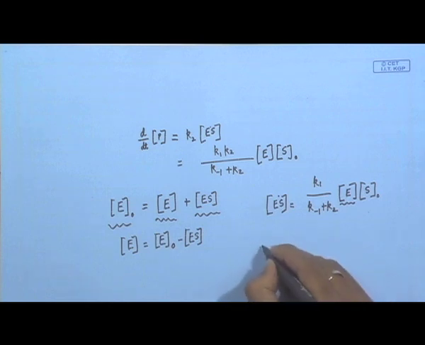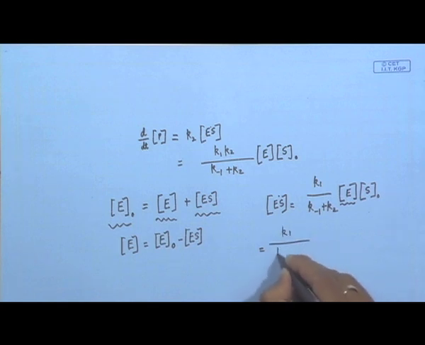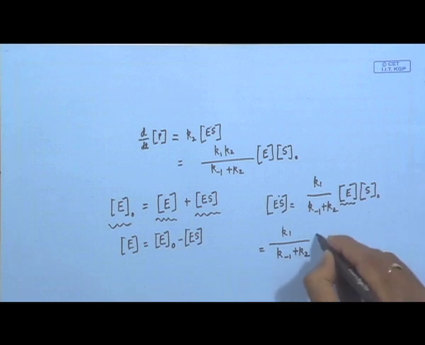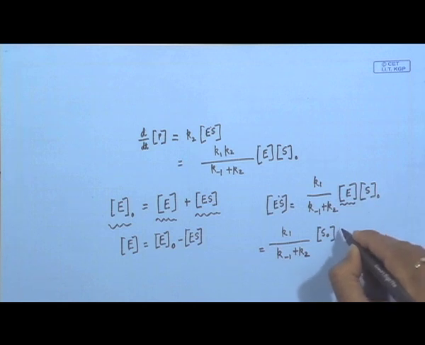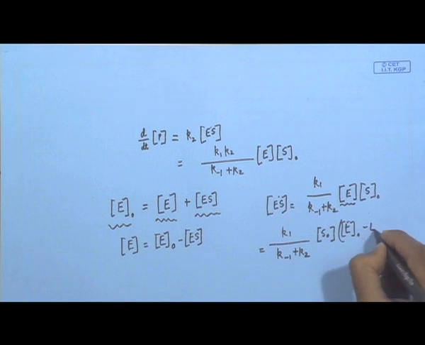That means K1 divided by K minus 1 plus K2, then S0, then E is E0 minus ES.